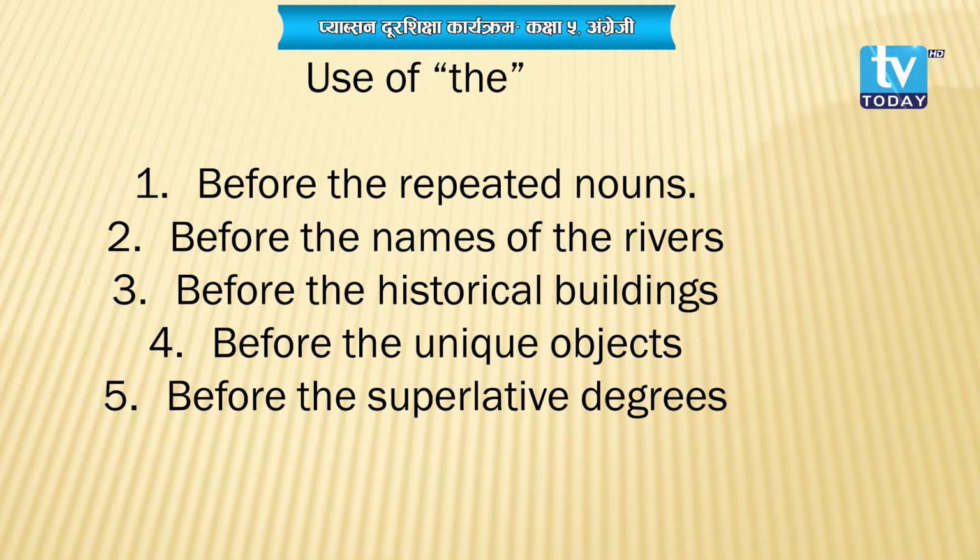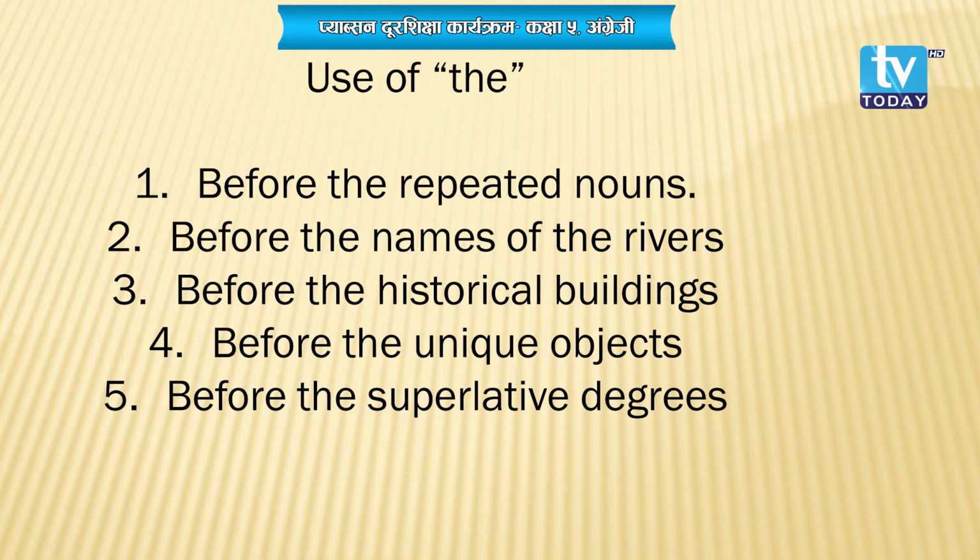But before that, if I say, "I have seen a boy." A boy is repeated in those two sentences. So, the second sentence consists of "the boy". That is the repetition, so we have used "the" to show the repetition of the words in that sentence.